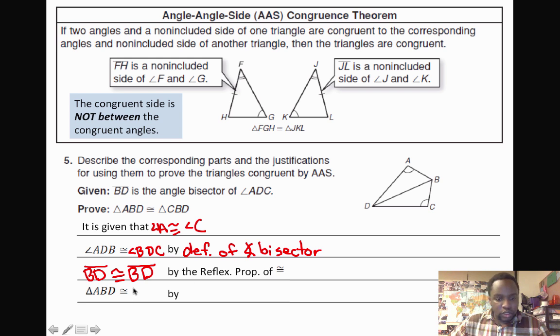Therefore, triangle ABD is congruent to triangle CBD by angle, angle, side. Since these 2 angles are congruent and this side is congruent to itself, we have angle, angle, side. So voila, we know these 2 triangles are congruent.